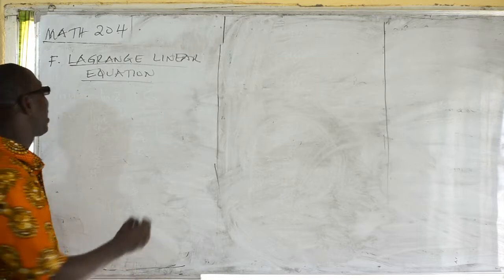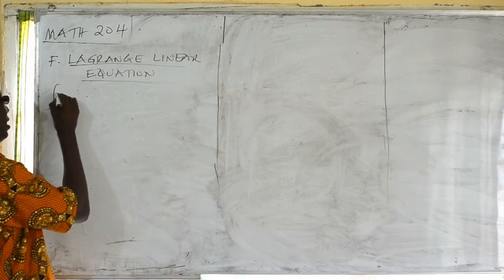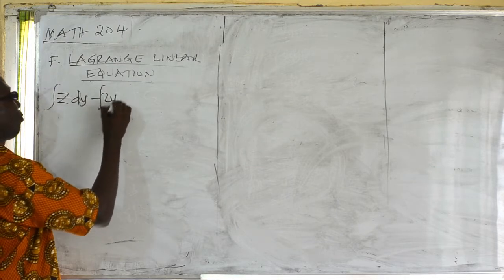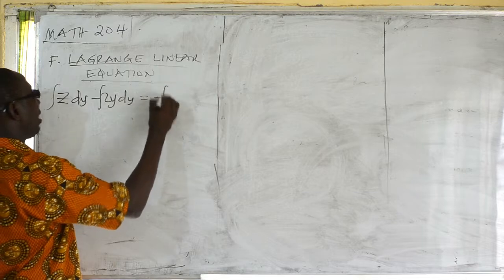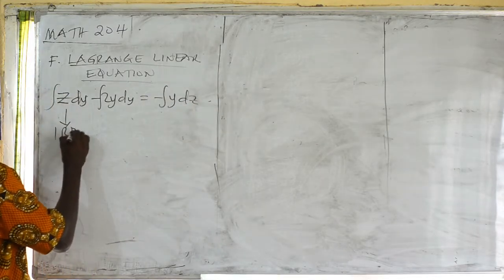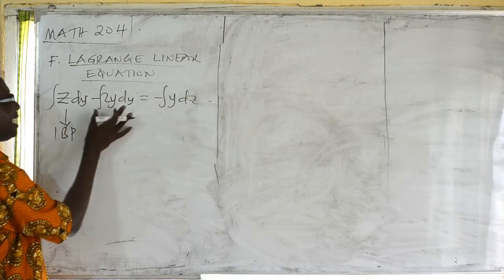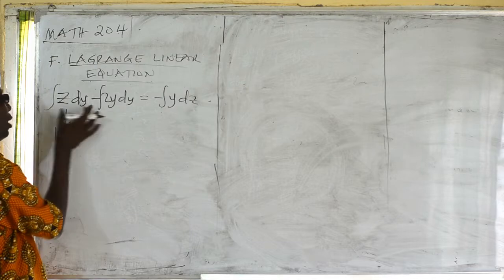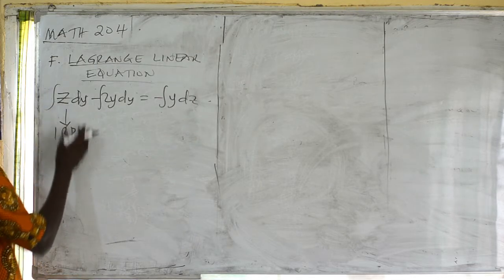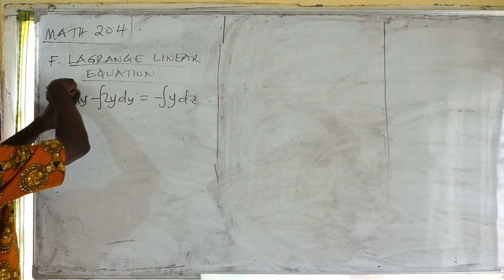Well, you are welcome back. The last thing that I wrote is z dy minus 2y dy is equal to minus y dz. Here we use integration by parts to solve. This and this look alike, so we'll solve it. This one is easy to integrate. For that short method that I taught you, you cover the d, then use what is on the right to multiply what is on the left.